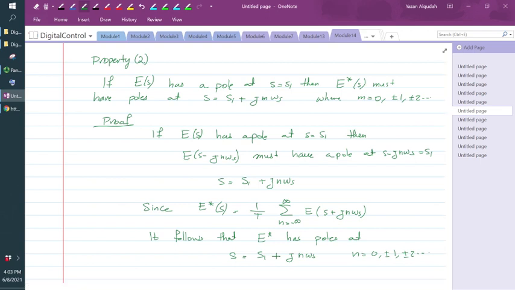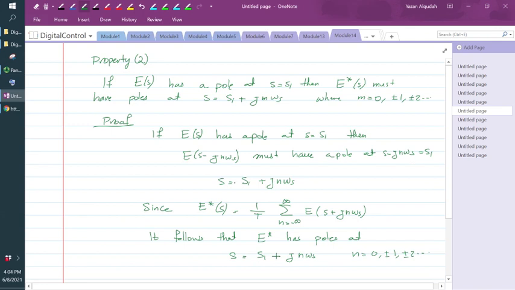So I hope this is clear. If E of S has a pole at S1, and I take E of S minus j n omega S, then S minus j n omega S is going to be a pole, because E of S1 is a pole. So when S minus j n omega S is equal to S1, that is also going to be a pole.